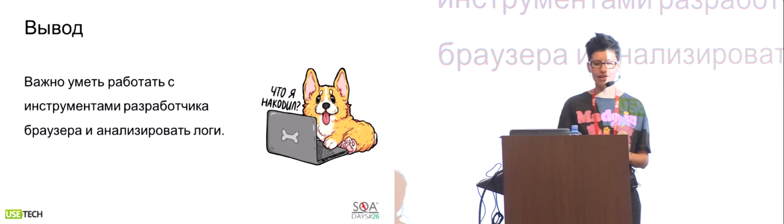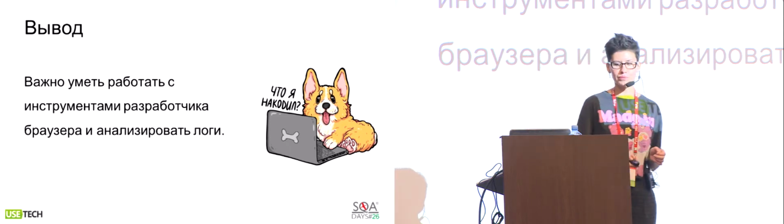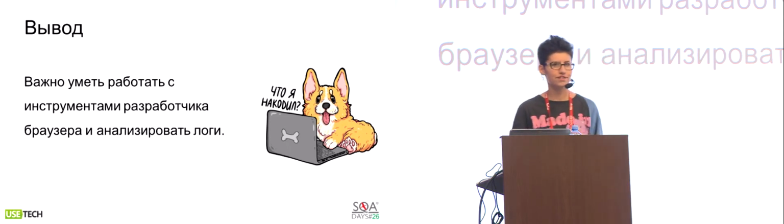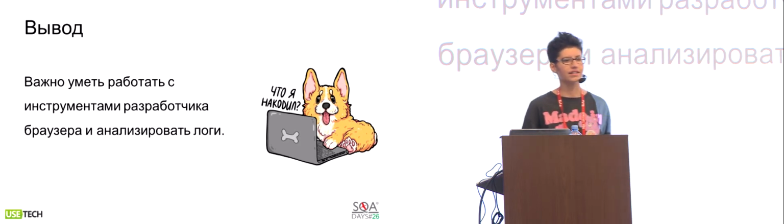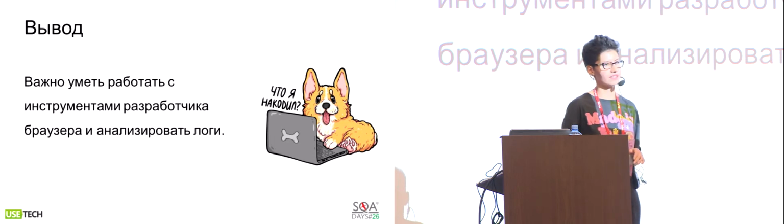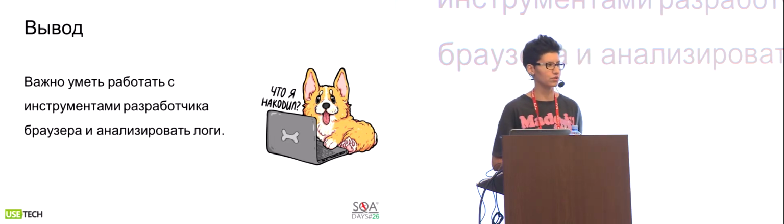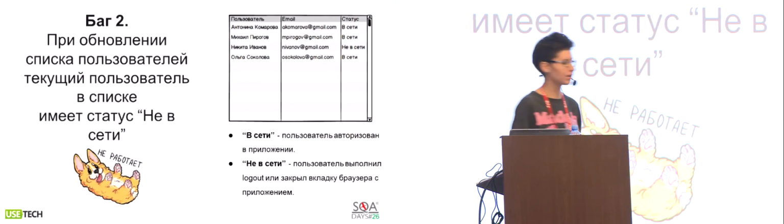So for a tester to realize how to review a bug, where to locate it, you need to know how the web app is set up. You need to be familiar with how to work with the toolkit and be able to use logs as well.